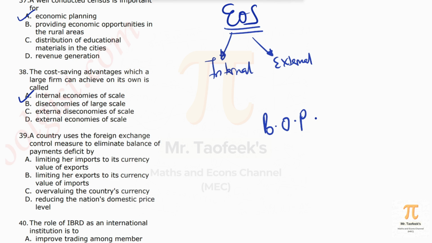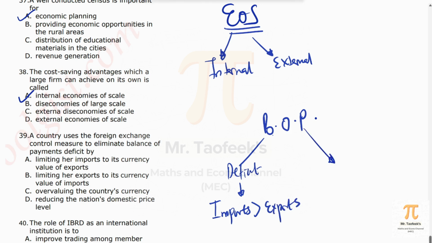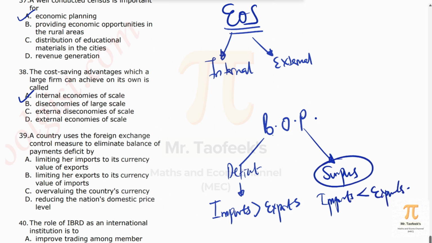A balance of payment deficit means the value of your imports is more than the value of your exports, while a surplus means the value of your imports is less than your exports. Every country wants to be on the surplus side, because it means you're making more money than you're spending, while a deficit means you're spending more than you're making from others.